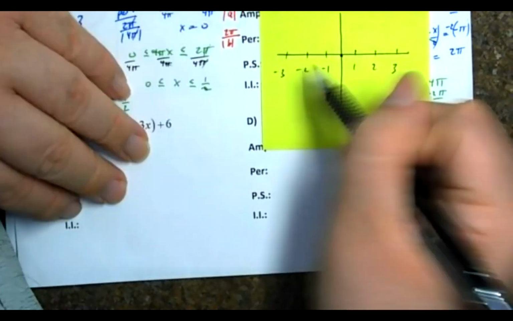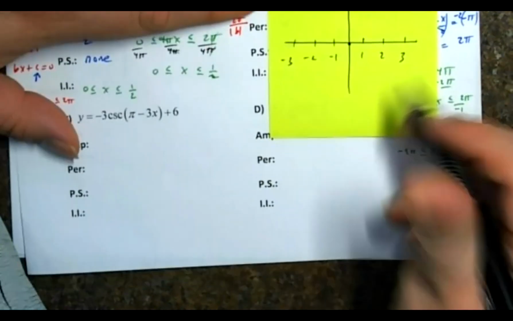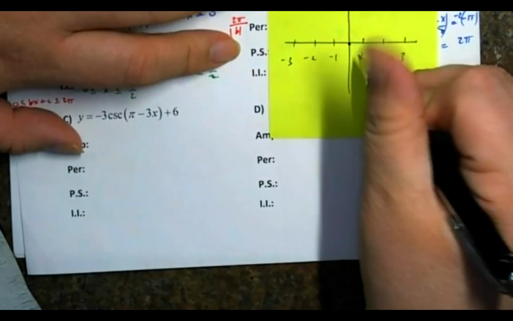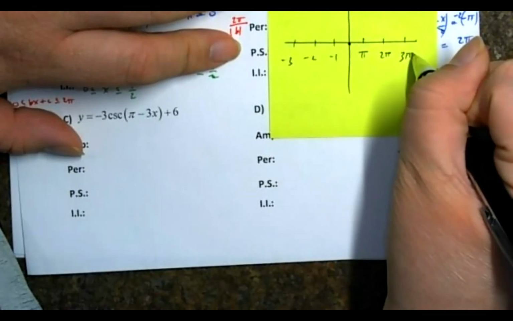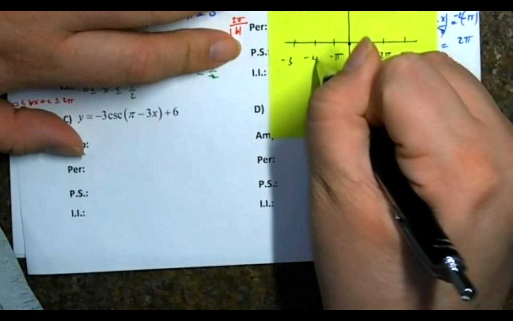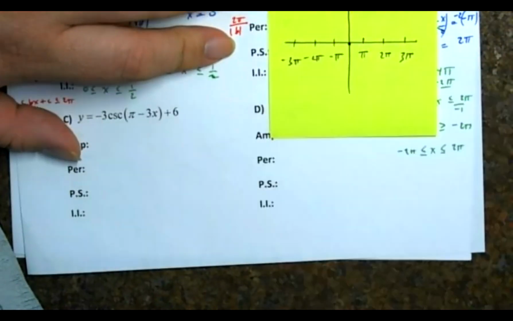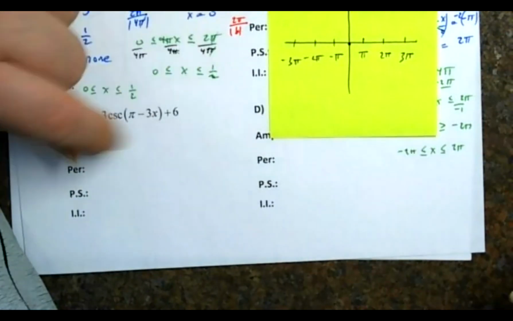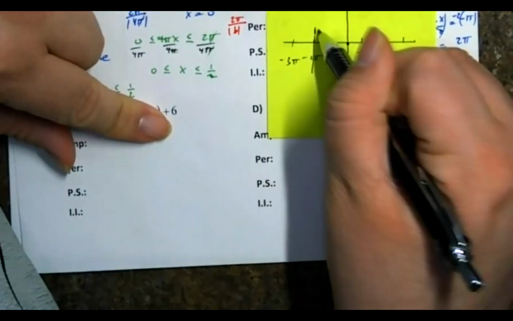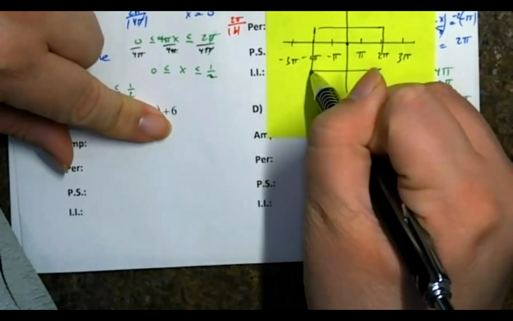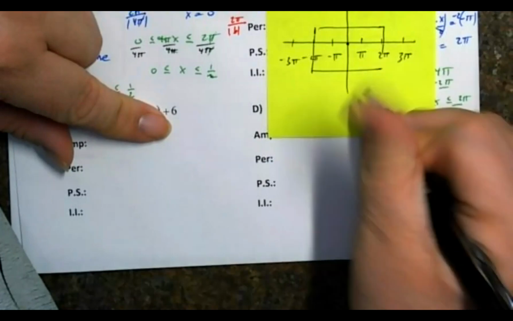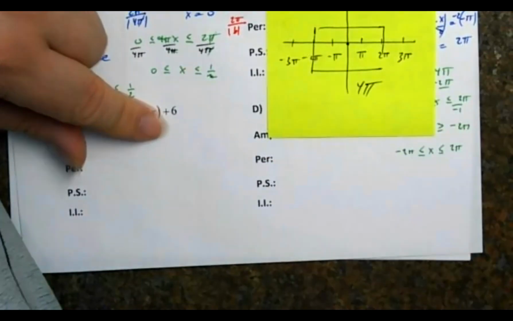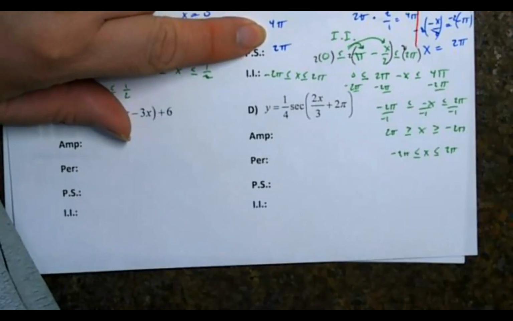Just on this side is the opposite numbers. So the same thing is going to happen for these, but in this case it would be pi, 2 pi, 3 pi, negative 2 pi, negative 3 pi. So how far is it between negative 2 pi and positive 2 pi? That's 1, 2, 3, 4 pi. That's how far it is between negative 2 pi and positive 2 pi. Well, that's the period, 4 pi.